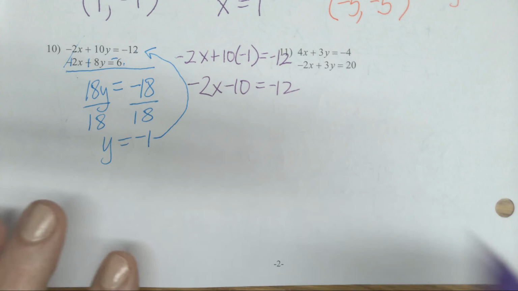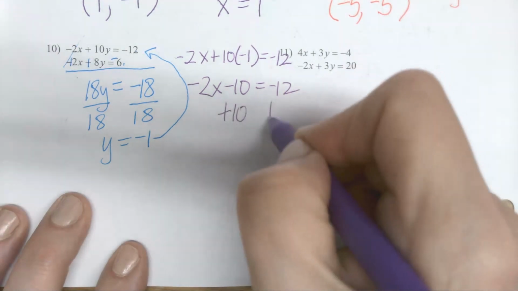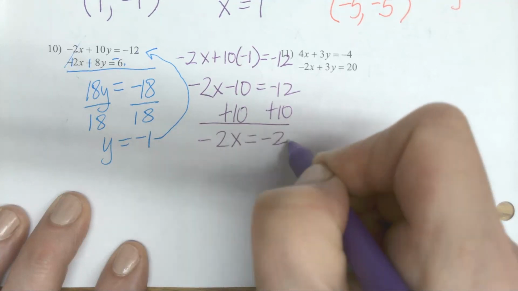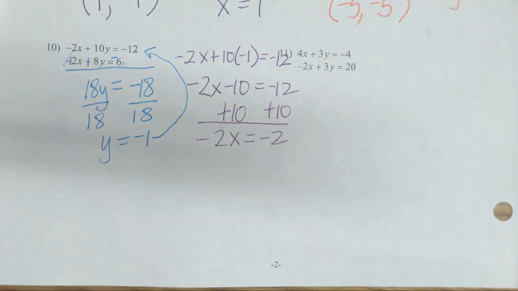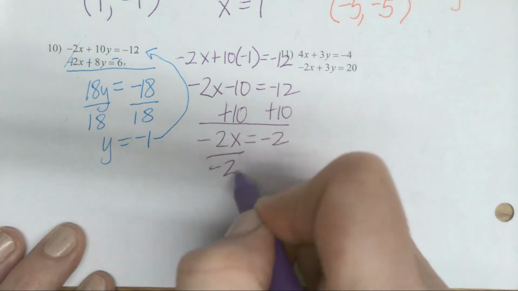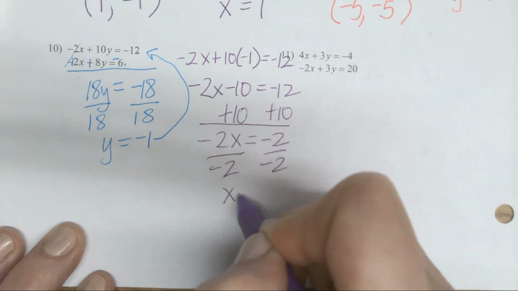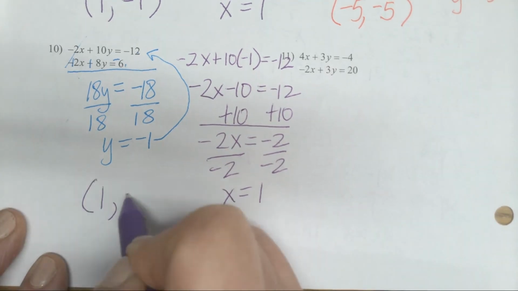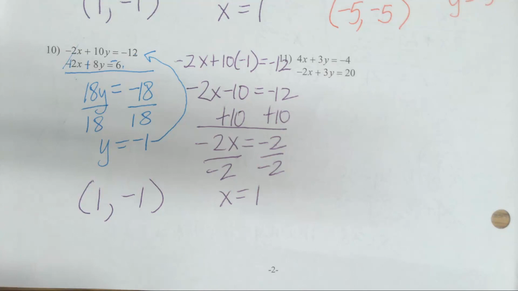Add 10. Divide by negative 2. Write my final answer. Why did 1 go first, not negative 1? Because it's the x. X always goes first.